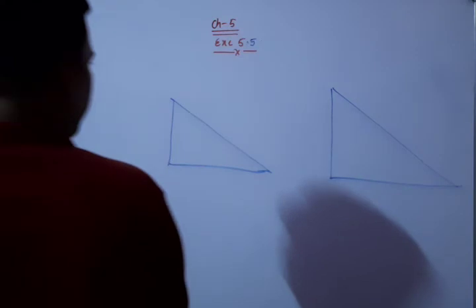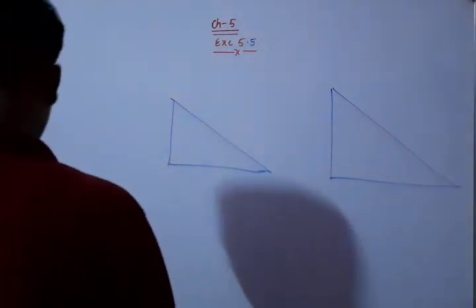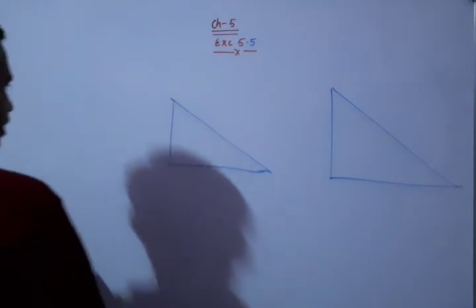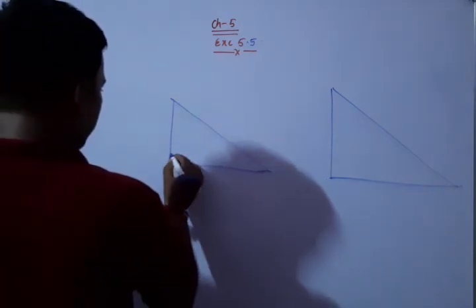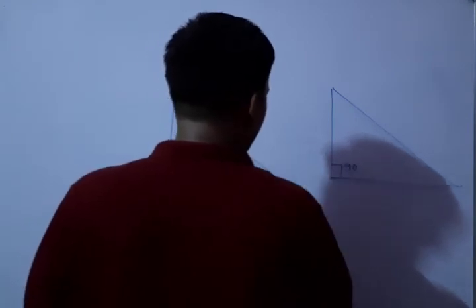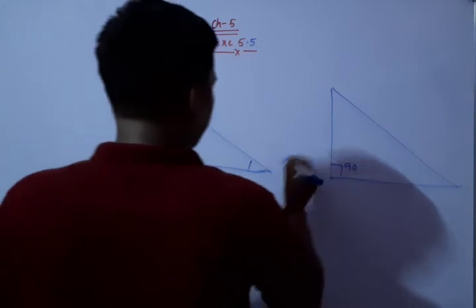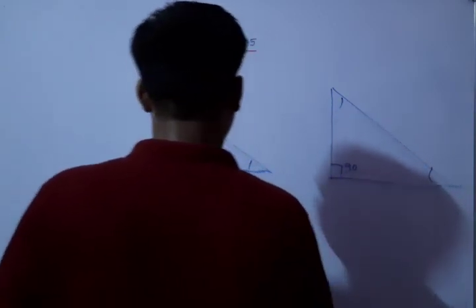One is smaller and one is bigger. Now, what is the measure of the angle? This will be 90 degrees in both, and these two angles in both set squares will be acute.